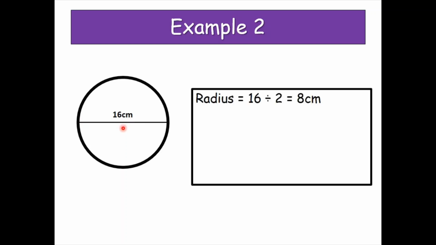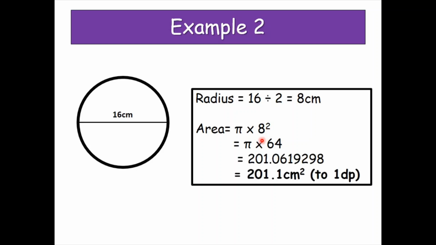Okay? And then you're doing pi times 8 squared, which gives you pi times 64, or 64 pi. Again, if it was a non-calculator, that's the end of the question. Because it's a calculator question, you're now going to round that, let's say, to 1 decimal place, 201.1.